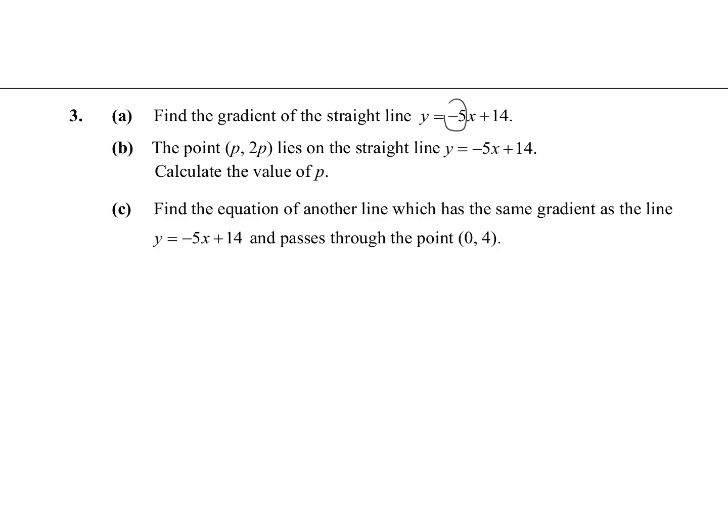Since you are so near, answer the question. Okay, what's the gradient? Right, -5. The point lies on the straight line means you can sub it in. So you just sub in x as p and y as 2p and solve for p.